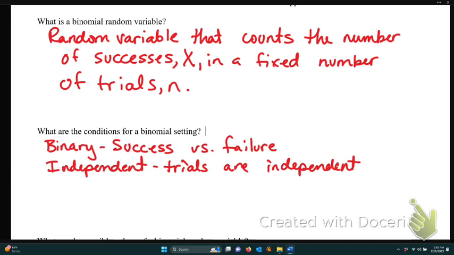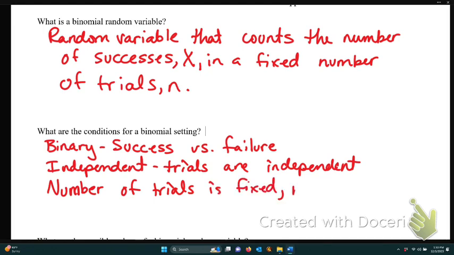Independent, trials are independent. N stands for number of trials is fixed. And that is going to be n, your sample size. How many times you're going to do this thing. So that has to be told to you up front.